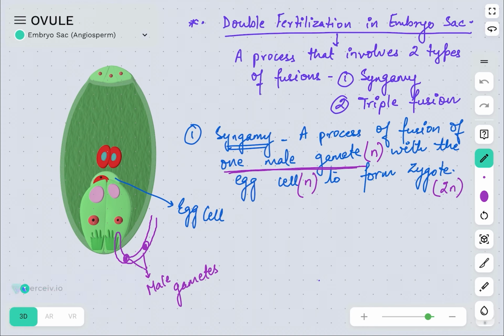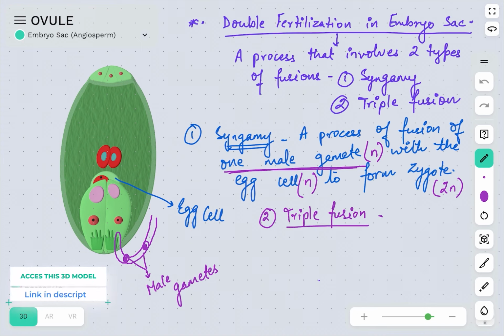Now what about the triple fusion? Since the first male gamete has already been utilized, the second process, which is called the triple fusion, involves the usage of the second male gamete. The second male gamete is going to fuse with this central cell.